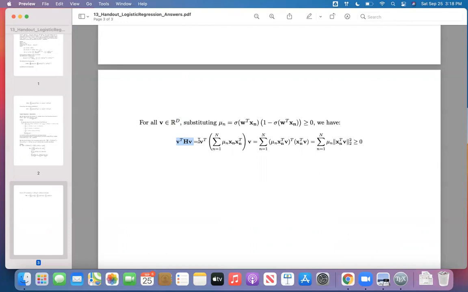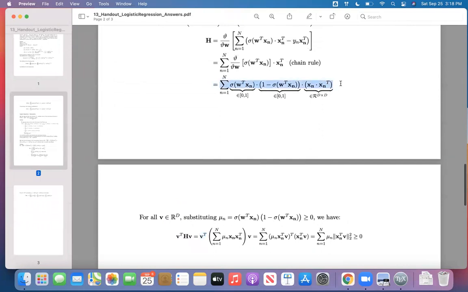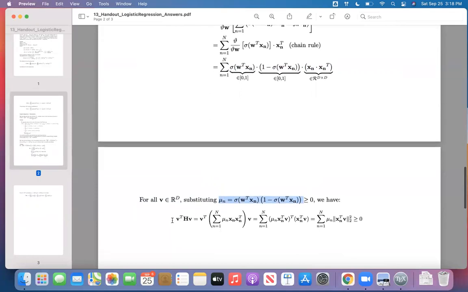So what we do is we substitute basically this thing here. The multiplication of sigma times 1 minus sigma can be just represented by a single number here, just to simplify visually this expression. So therefore, this thing results into this expression here.